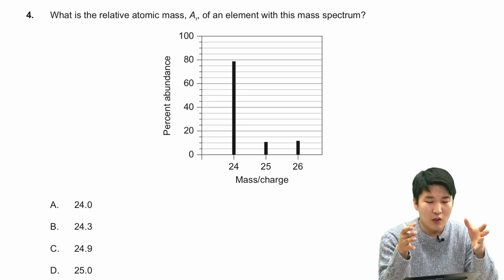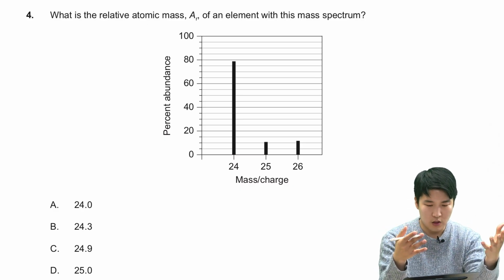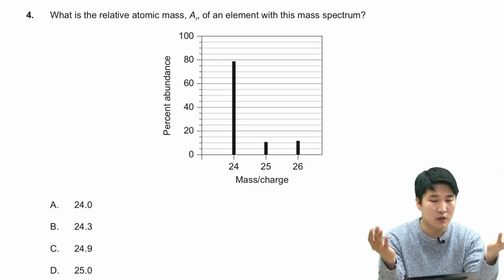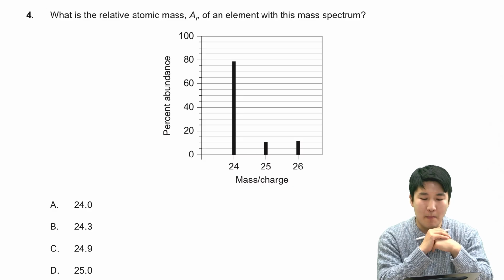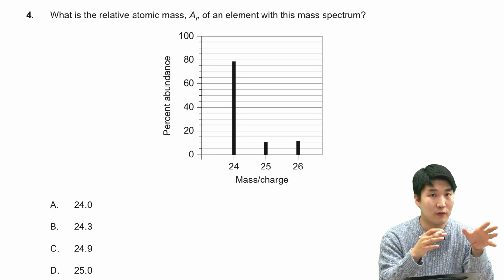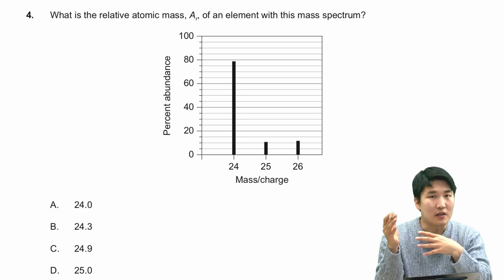Mass spectrometry will give us the relative abundances of multiple isotopes. In this case, we're given 3 isotopes with mass numbers of 24, 25, and 26, where the 24 atomic mass is of the highest abundance.